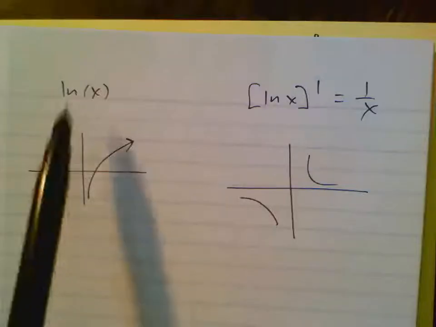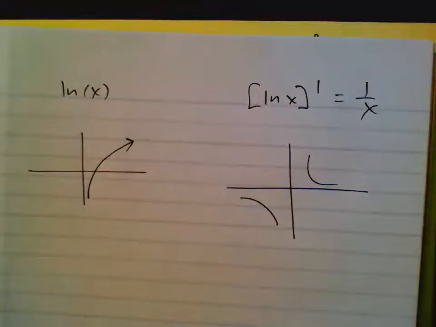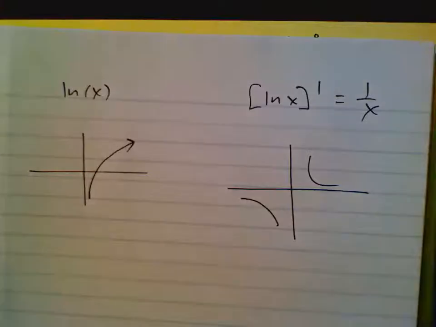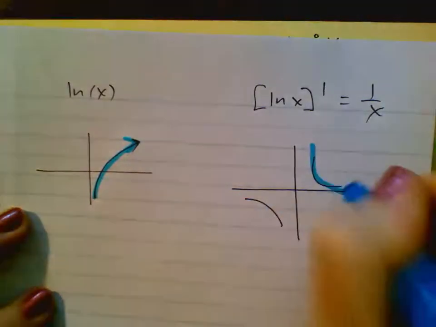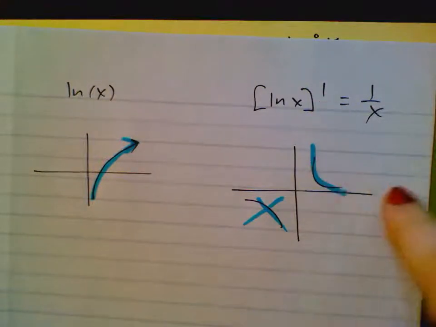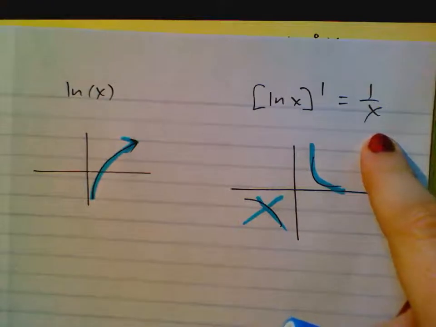But if we're talking about the derivative of this function in this context, if we're thinking of 1 over x as the derivative of natural log, then, guys, you can't have this negative part. So really, when we're talking about 1 over x as the derivative of natural log, it's just sort of implied that we're only looking at the positive part of the 1 over x graph.